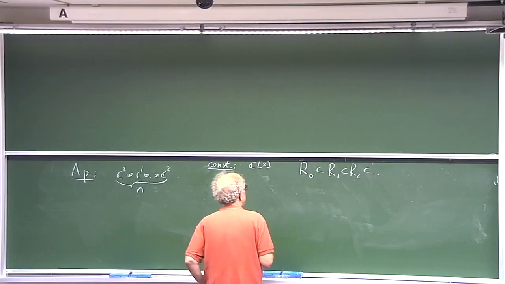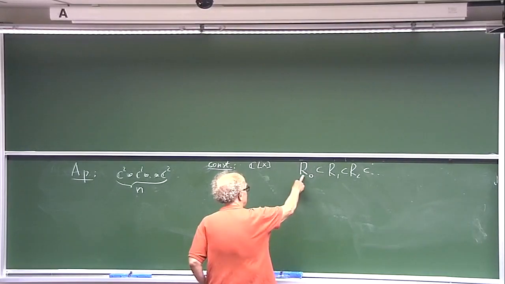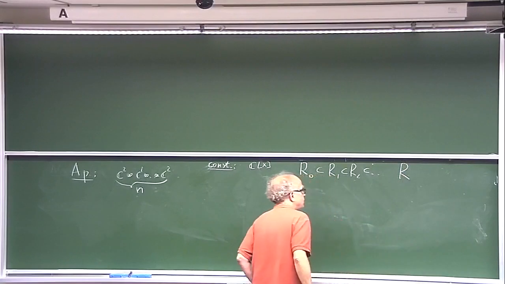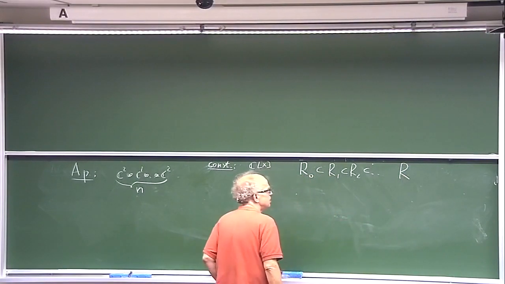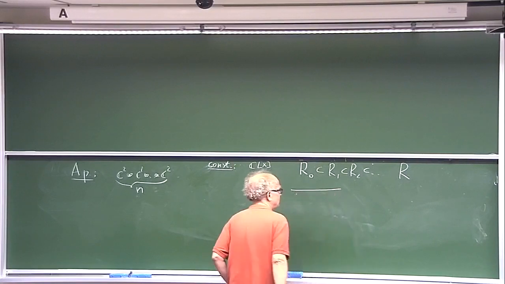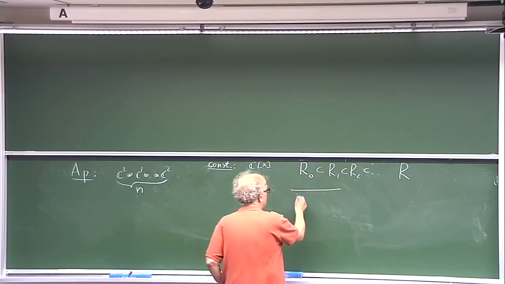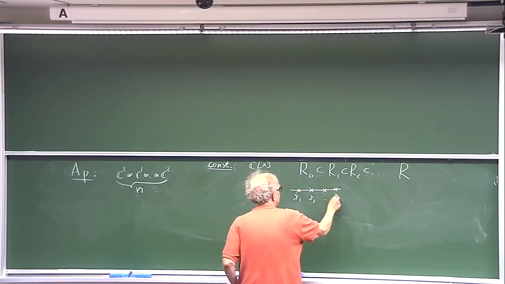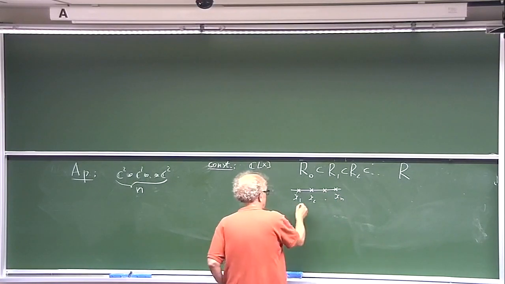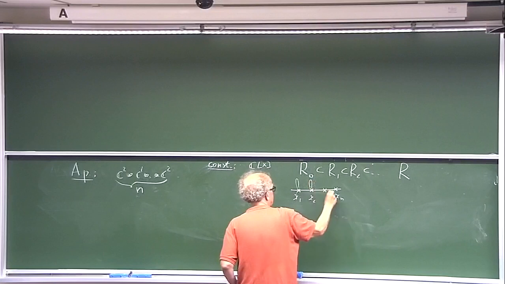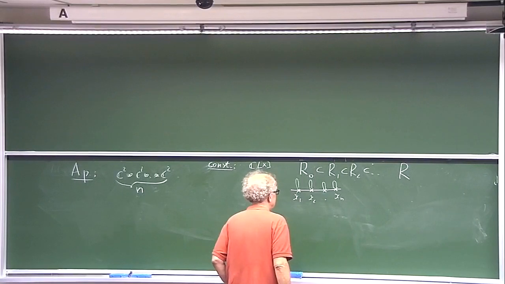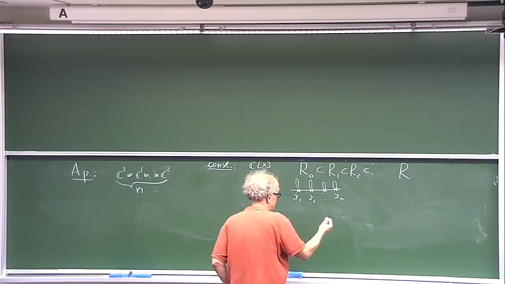I took it in a very special way. I took the representation x1, x2, and so on, xn, and put some representation here, here, here, and here, and then make up this filtration and get something.